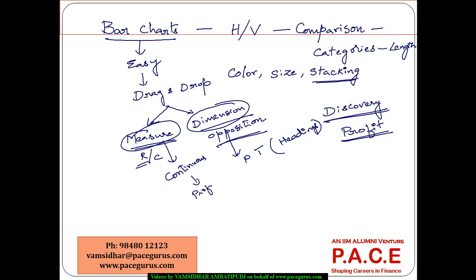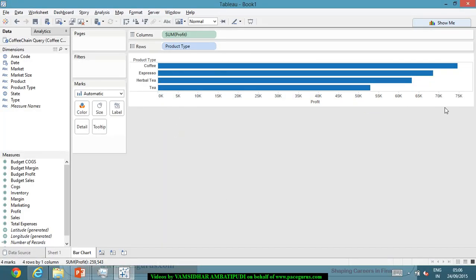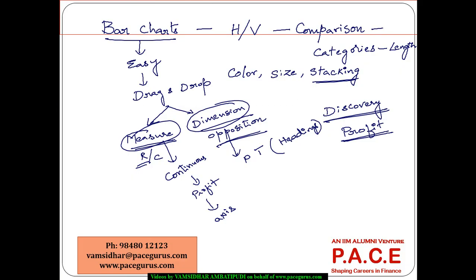Profit is what you have given as a continuous measure. So the moment it's a continuous measure, it becomes an axis. So it has identified that this should be the axis. So based on that, it has used its own intelligence and finally given us that a bar chart is more appropriate for this kind of data.